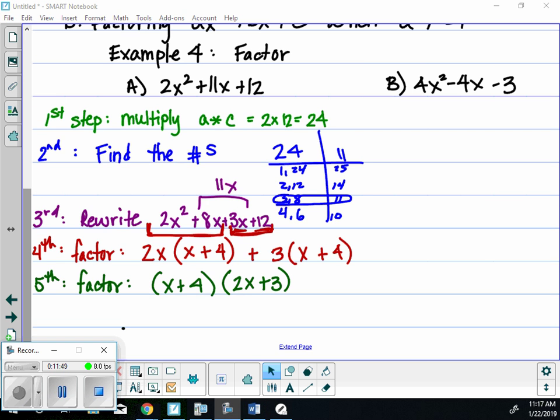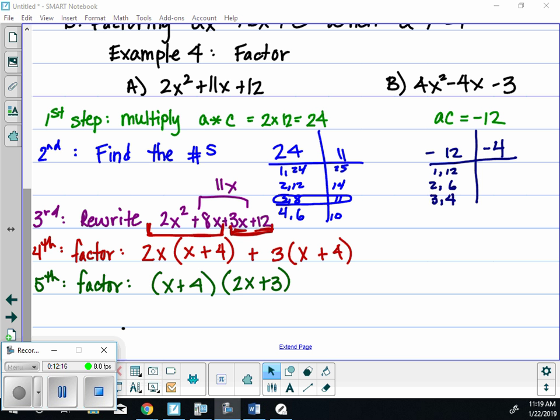So if we look at B, first step was to multiply 4 times negative 3, we get negative 12. So we're multiplying to negative 12, adding to negative 4. So my options are 1 and 12, 2 and 6, 3 and 4.